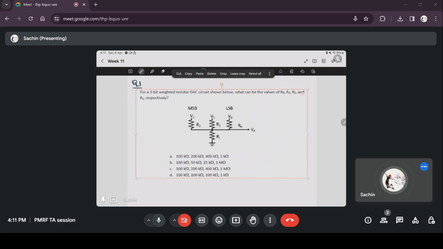For a 3-bit weighted resistor DAC circuit shown below, what can be the values of R0, R1, R2 and RL respectively?